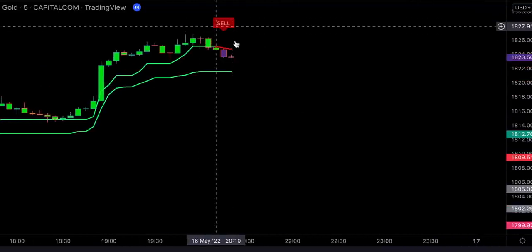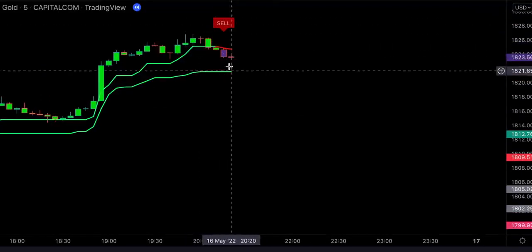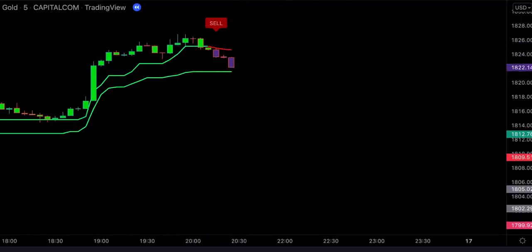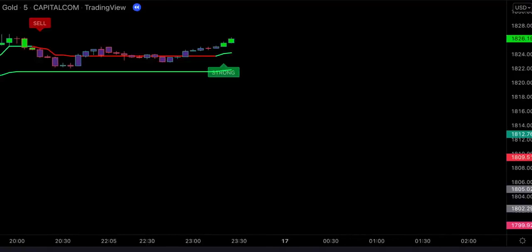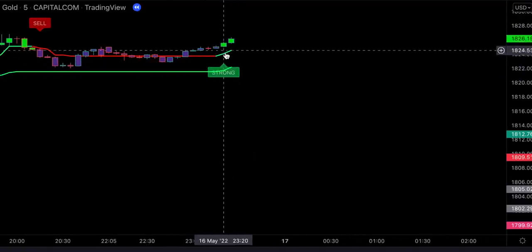This sell signal was not confirmed because our second line was still being colored in green. This strong bullish signal is confirmed.